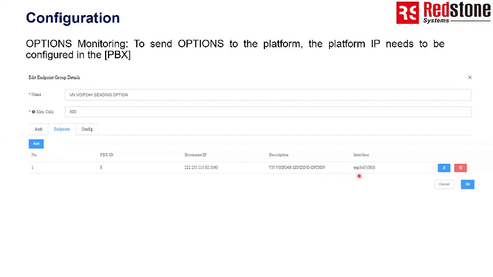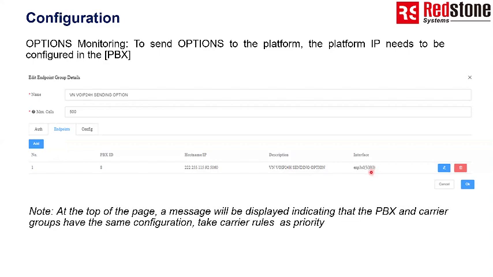And of course, you can select the port ID number. So a note is that at the top of the page, there is a message that will be displayed indicating that the PBX and the career groups have the same configuration.